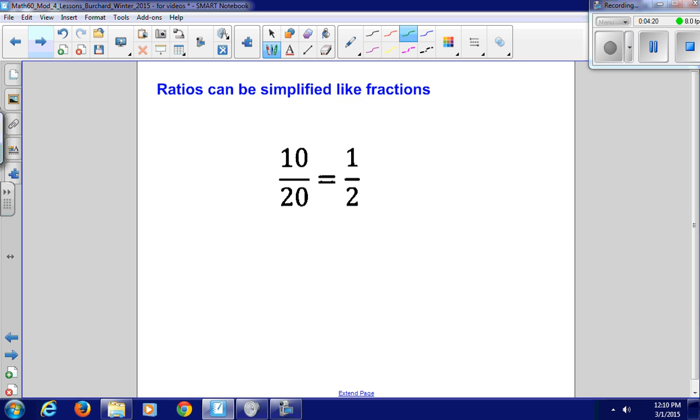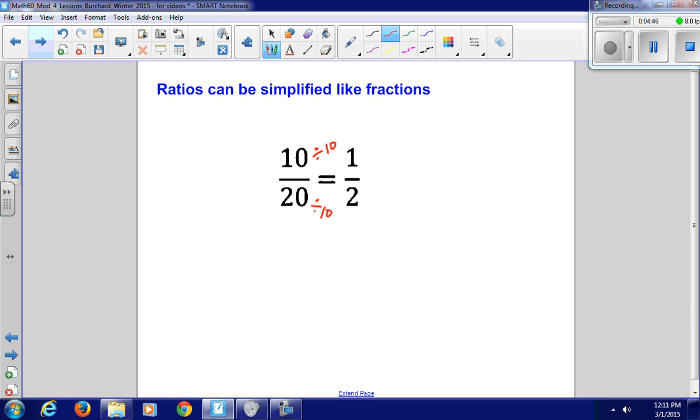Ratios can also be simplified like fractions. So if I had a ratio from a word problem that came out as 10 to 20, I wouldn't want to report it as 10 to 20. I would want to reduce it. If you don't remember how to reduce fractions, we find the biggest number that will go into both the top and the bottom, and we divide them.